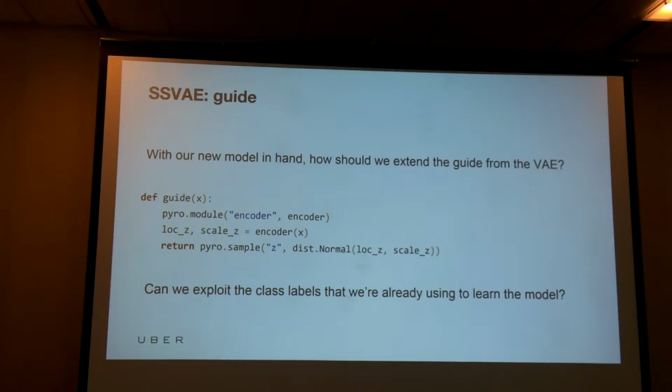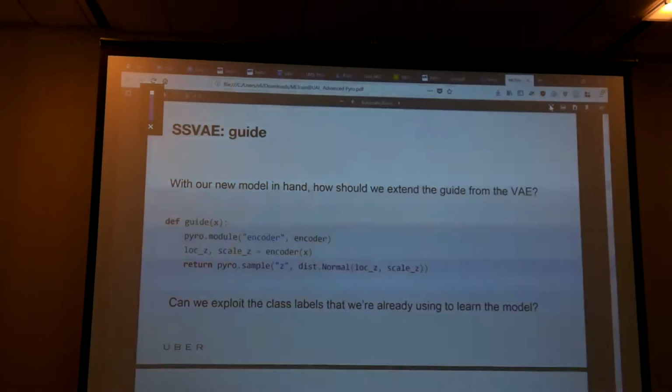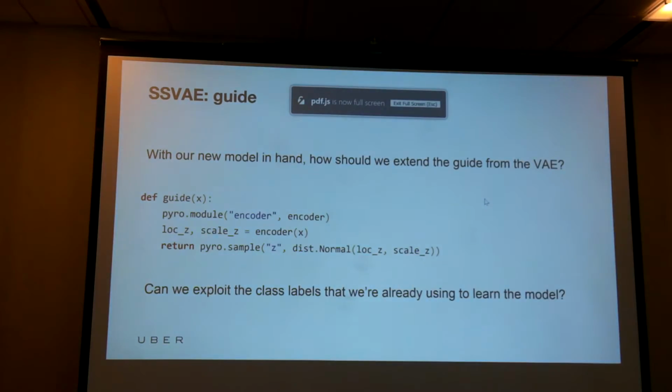Since we still can't compute the marginal likelihood exactly, as always, we have to resort to approximate inference. How should we extend the guide from our VAE example?